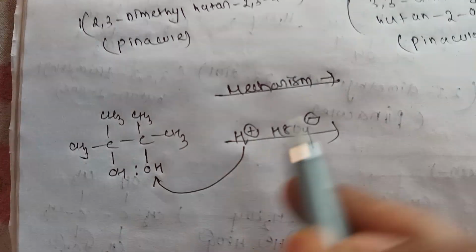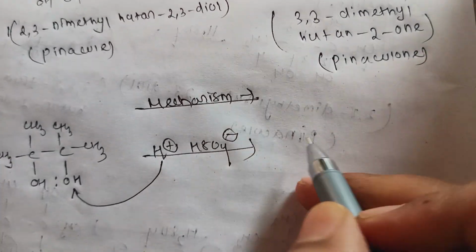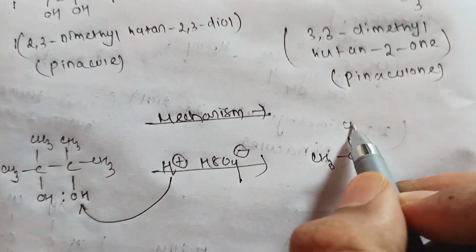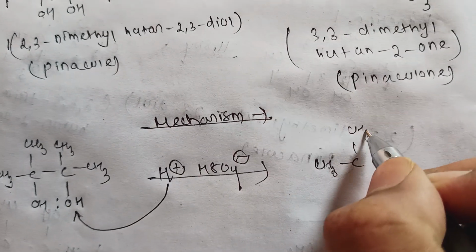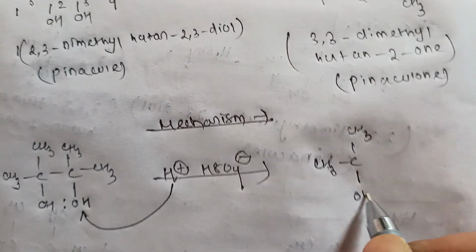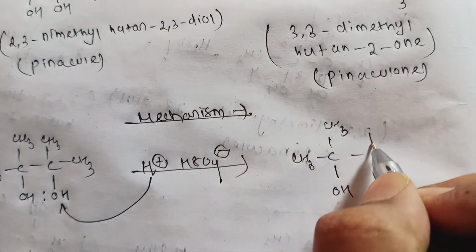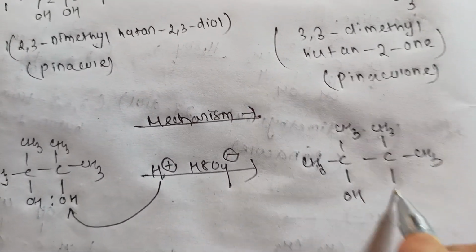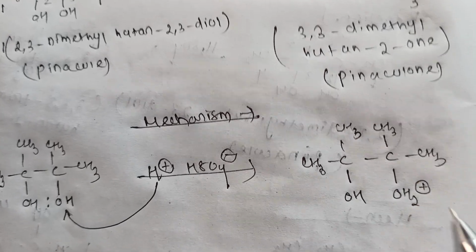This is negatively charged, and H plus will be attracted. Now what happened? The formation of an intermediate product like this: CH3, OH, bond C, bond CH3, bond CH3, bond OH2 positive.